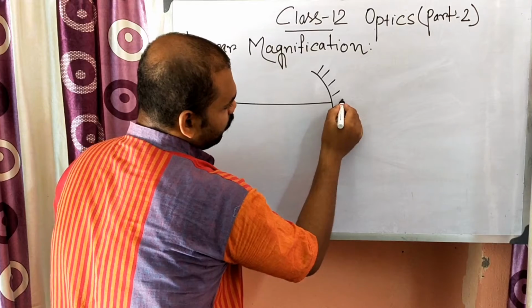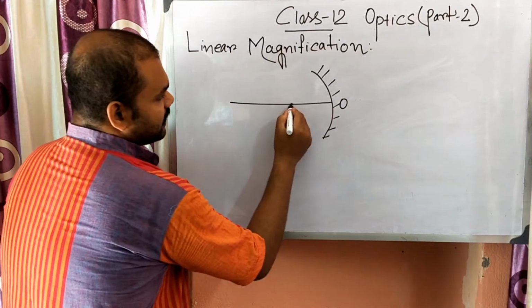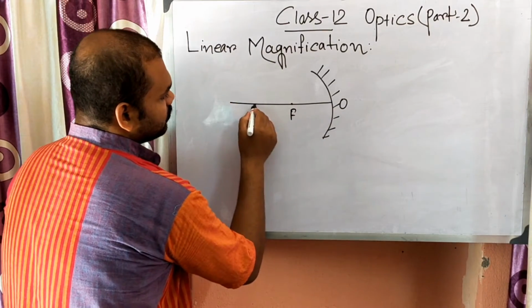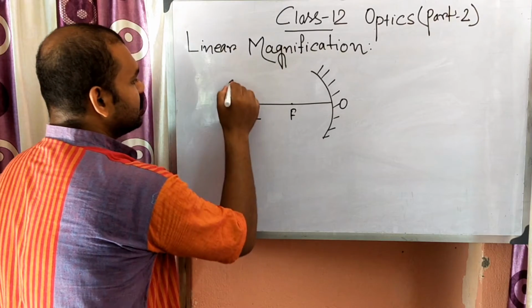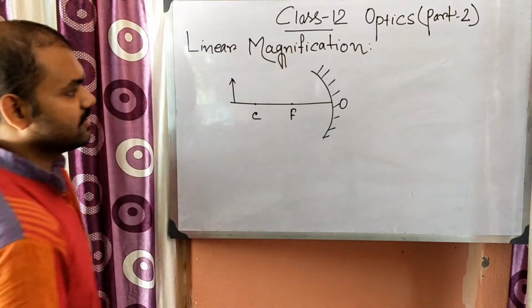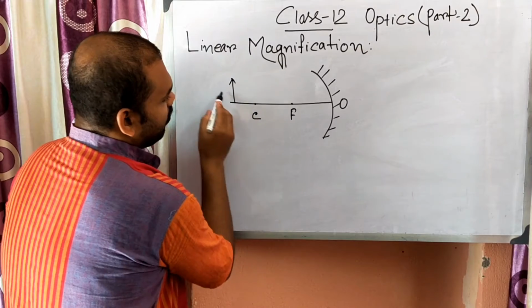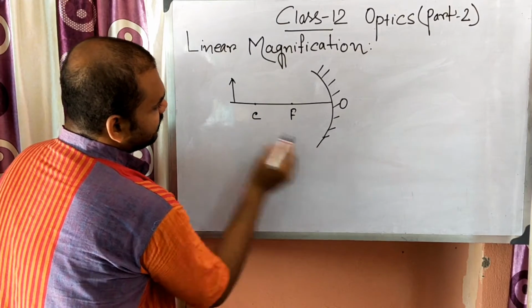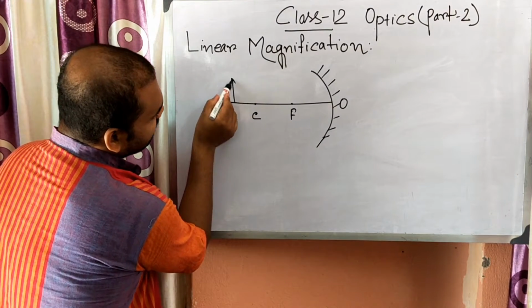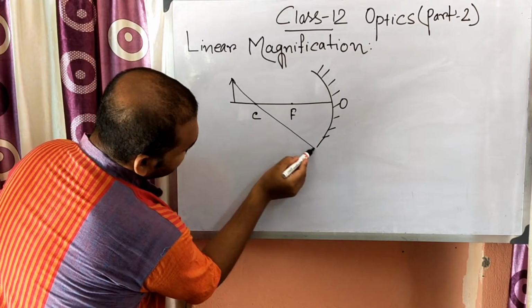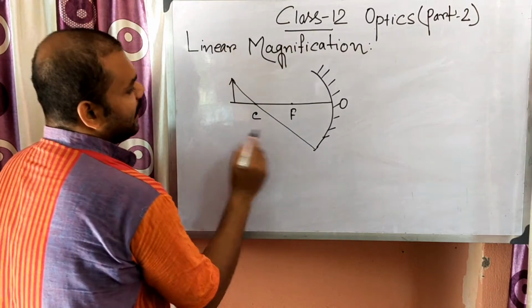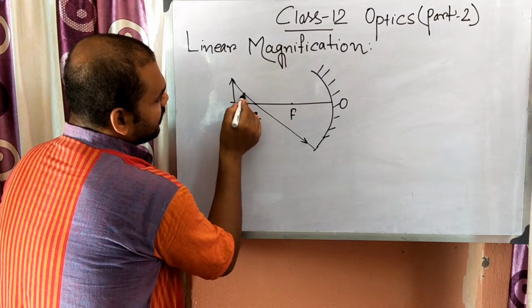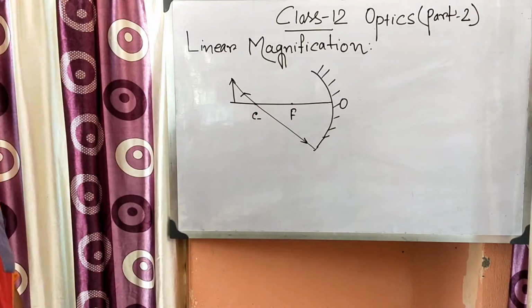So this is the pole O. Let us consider this is F, this is C, and here our object is placed. A particular ray which is passing through the center will go like this, and it will come back in the same path.